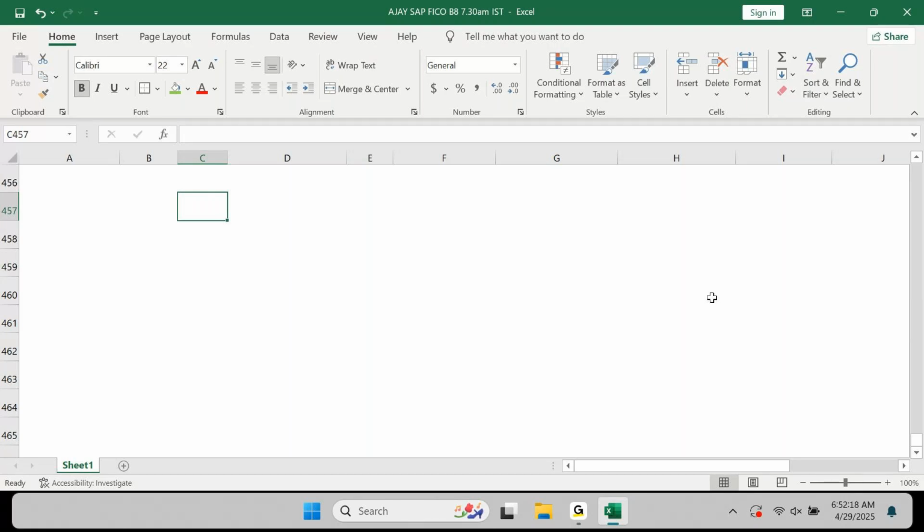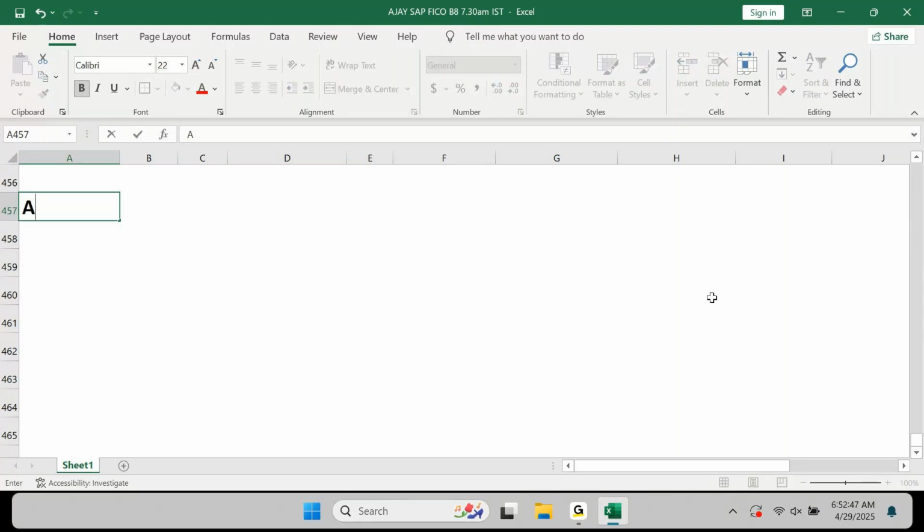Is trial balance SAP terminology or accounting terminology? Accounting term. Trial balance is your accounting terminology. Is it the first point in SAP or is it not the first point in SAP? It is not the first point, right? Not. Last point.